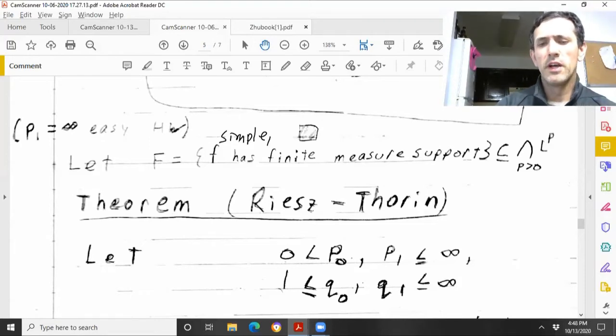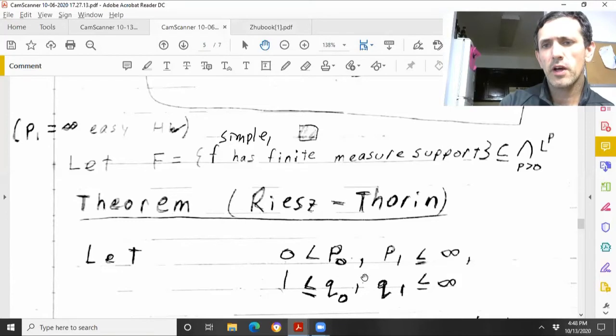It's basically if you have these p's and q's here, and I should mention q0 could be 1.